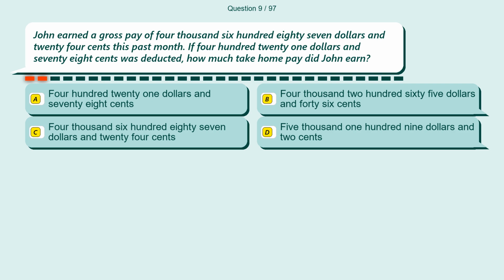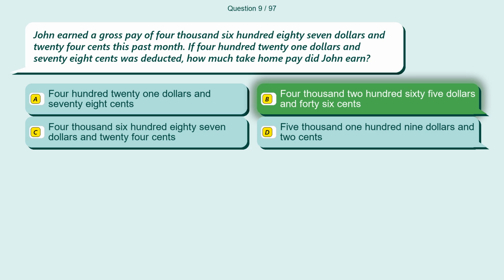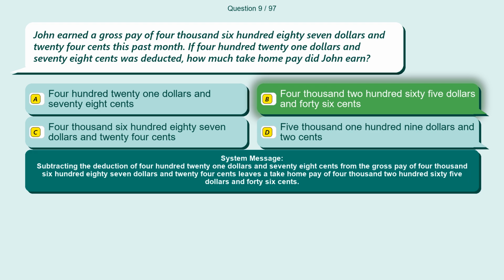Option D, $5,109.02. The correct answer is option B, $4,265.46. Subtracting the deduction of $421.78 from the gross pay of $4,687.24 leaves a take-home pay of $4,265.46.